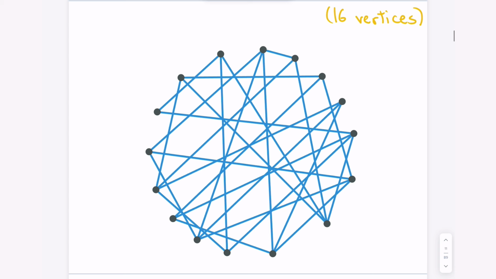So here's a problem I set up. Only 16 vertices, right? So sometimes I think even these small graphs are actually really hard for us. So in this graph, what's the biggest matching you can find? How did you get 8?